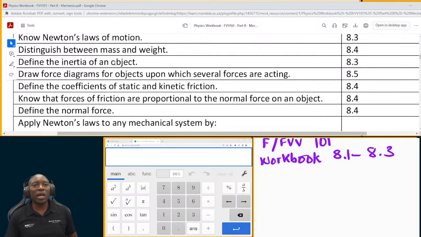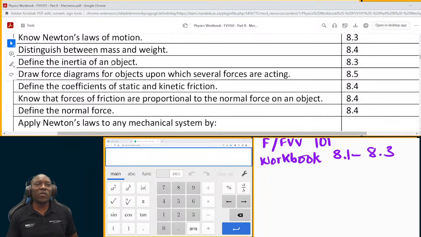It is a consequence of inertia, and stated simply, that law says a body would remain in its state of rest or uniform motion in a straight line, which is uniform velocity, unless it is acted upon by a net external force.